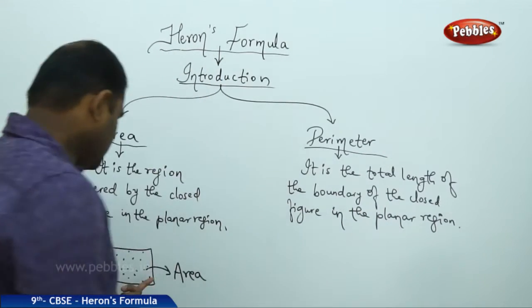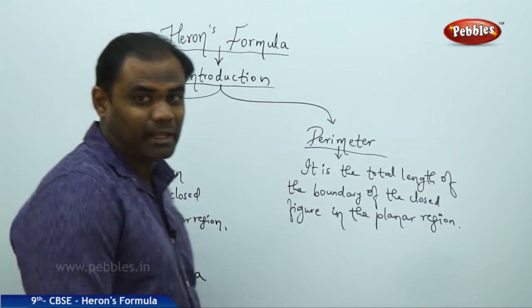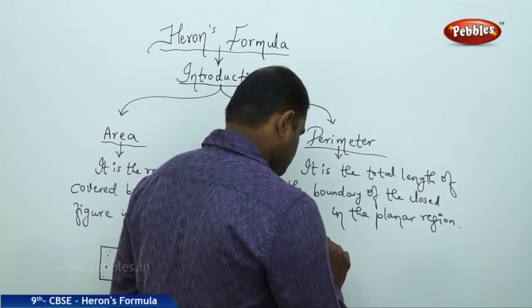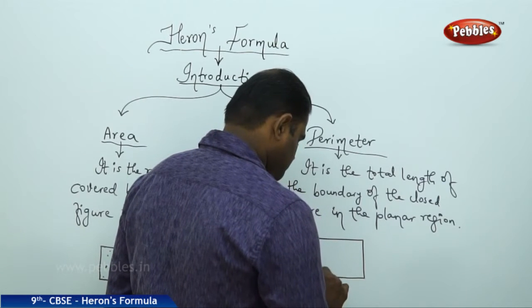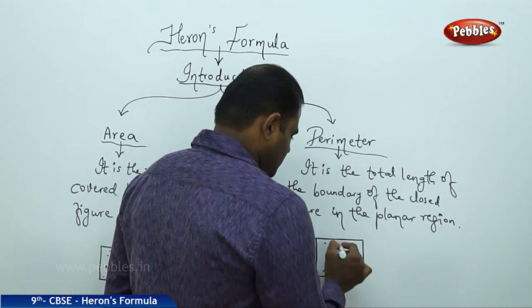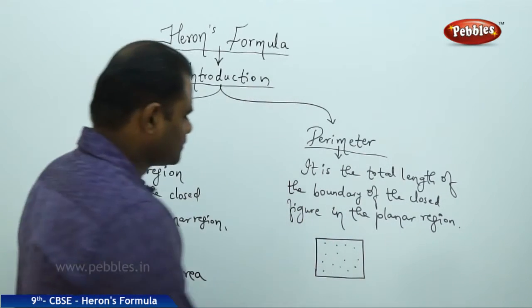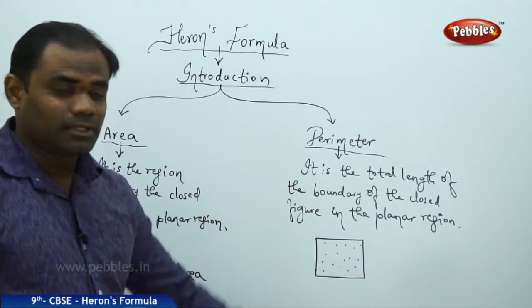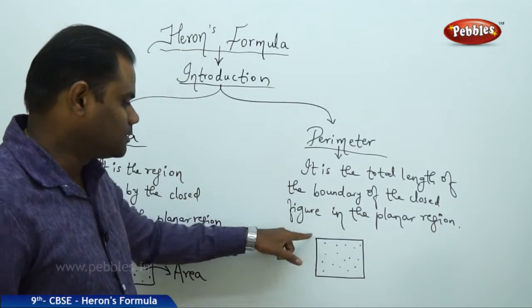Let's take the same example of a rectangular plank as taken as the model. No doubt this is the area, but when it comes to the perimeter, we take the total length of the boundaries, this, this, and this.